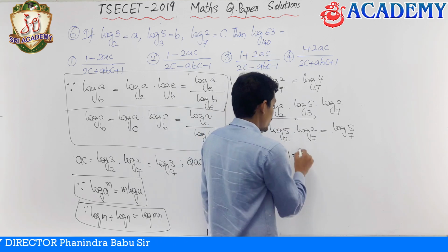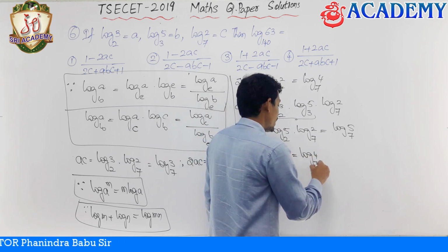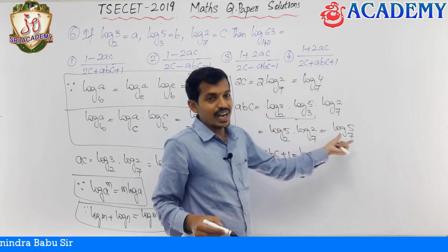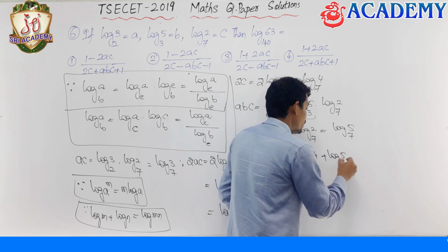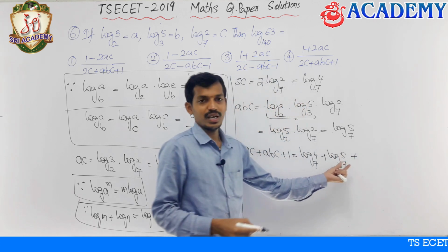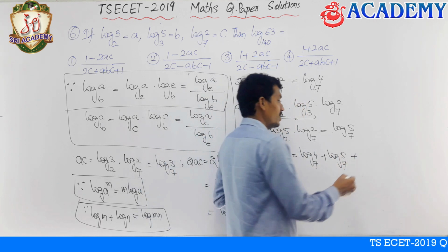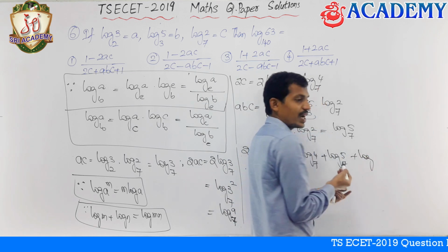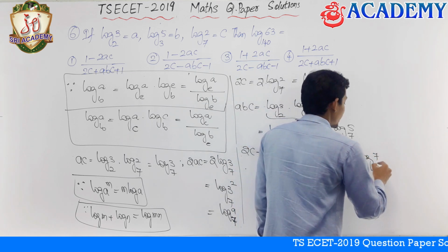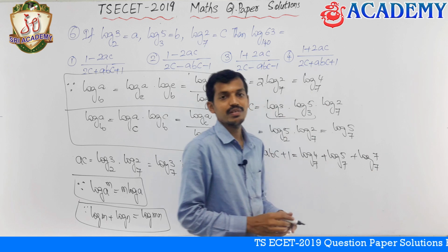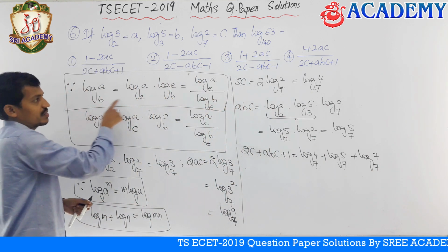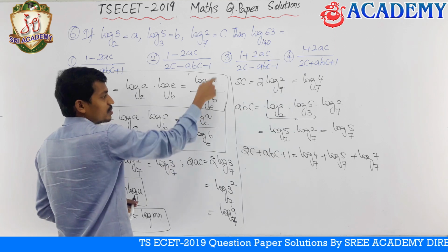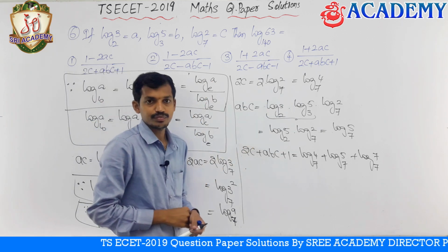2c is nothing but log 4 base 7, abc is nothing but log 5 base 7 plus log 5 base 7. Base 7 only, I am writing as a 1, that is always 1 indirectly. Log e base e is the same, log 7 base 7. If both are equal, then log 7 by log 7 is going to be cancelled, that is going to be 1.